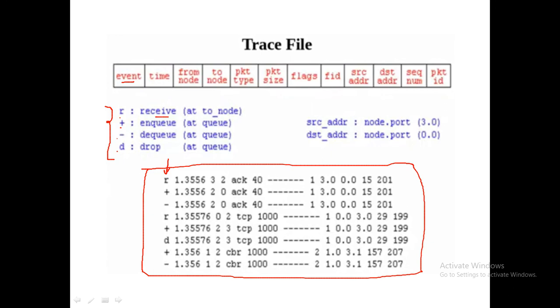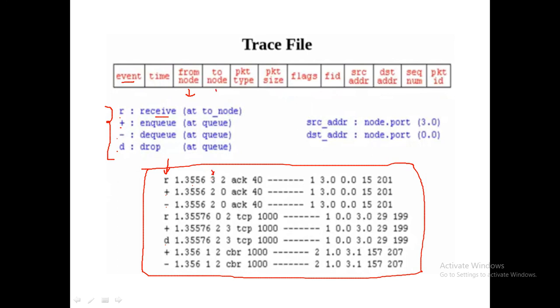Next is the time. At what time the packet is received, at what time the packet goes into the queue, at what time packets go out of the queue, that is dequeue, and what is the time when a drop of a packet happens. Then the from node, which means the source. What is your source node?